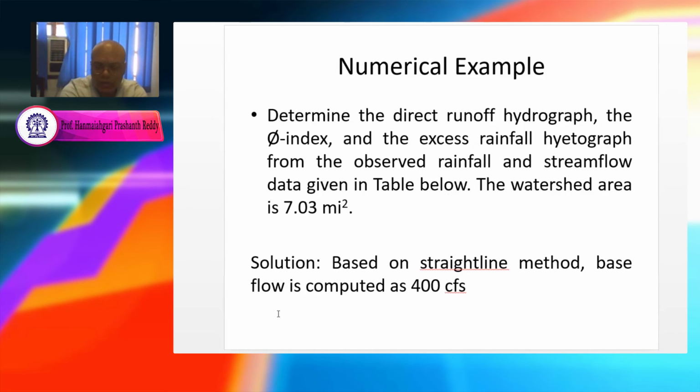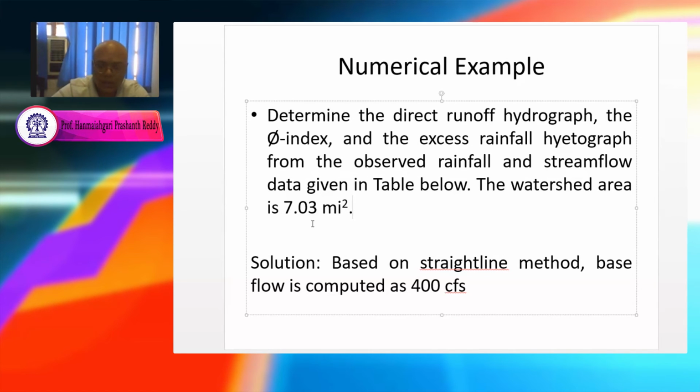So we'll do one numerical example on surface runoff. Determine the direct runoff hydrograph, the phi index and the excess rainfall hydrograph from the observed rainfall and streamflow data given. The watershed area is 7.03 square miles.